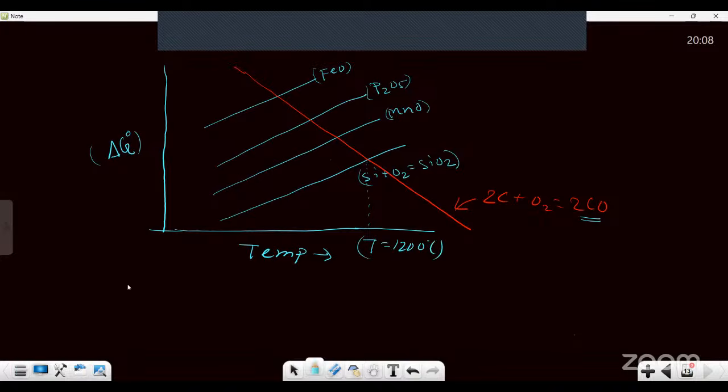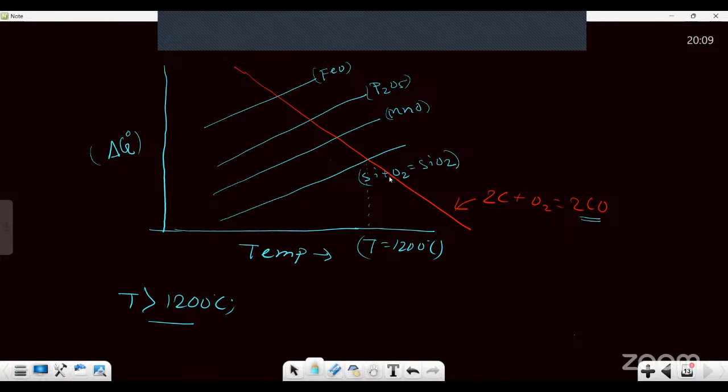At temperature greater than 1200 degrees Celsius, first, oxygen is going to take up the silicon.